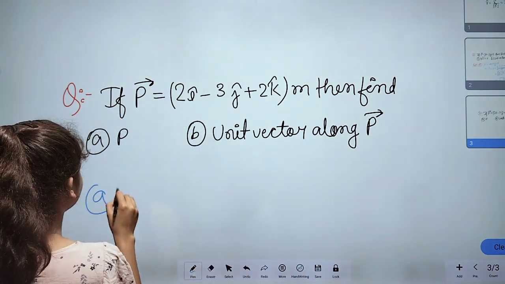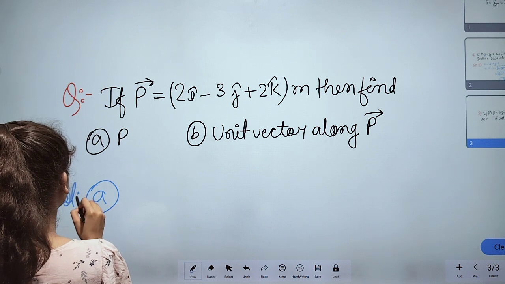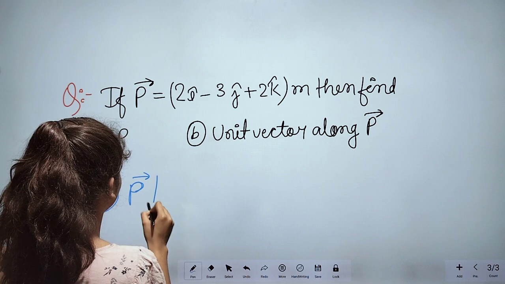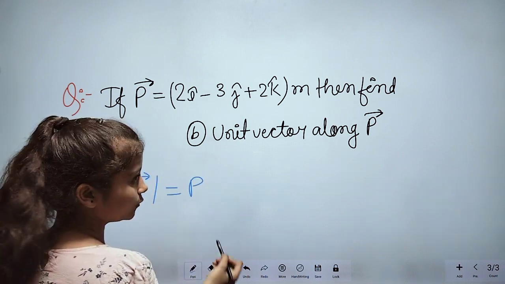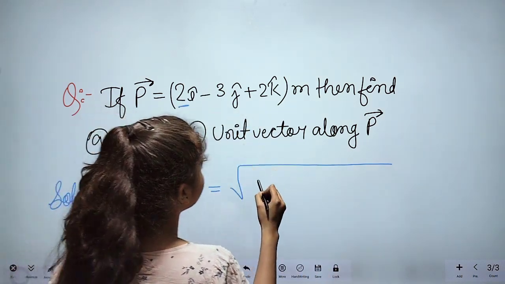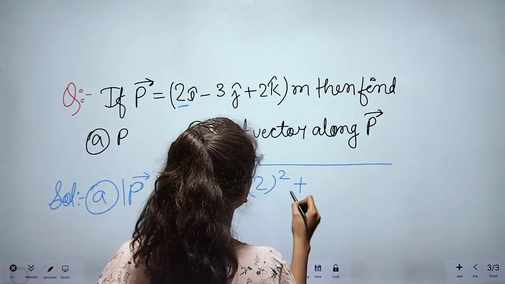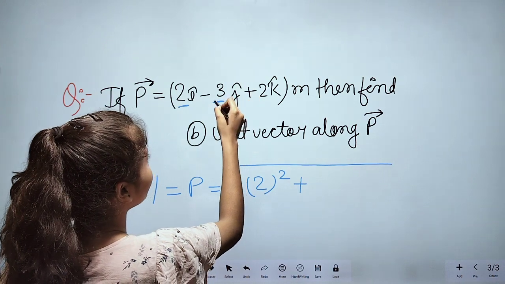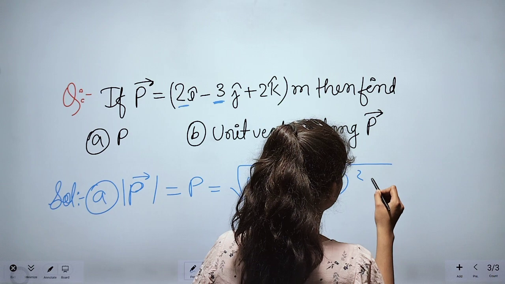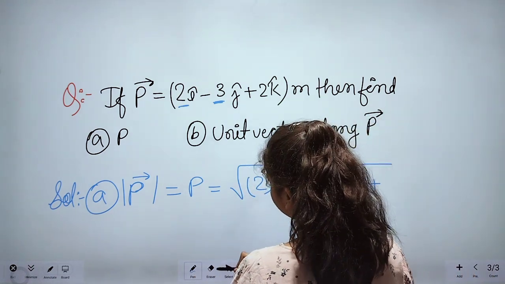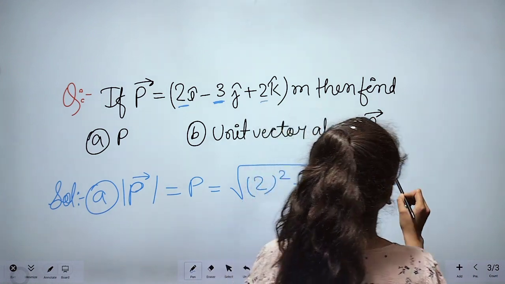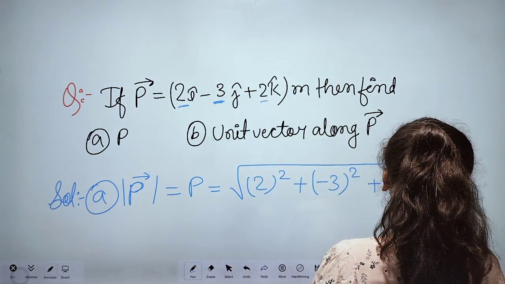First of all, we have to find the magnitude of P, the same as like this. So we have to use the same thing: coefficient of i cap is 2, plus coefficient of j cap is minus 3, plus coefficient of k cap is 2.